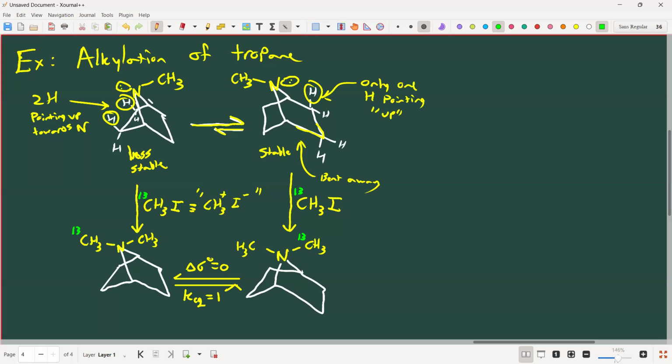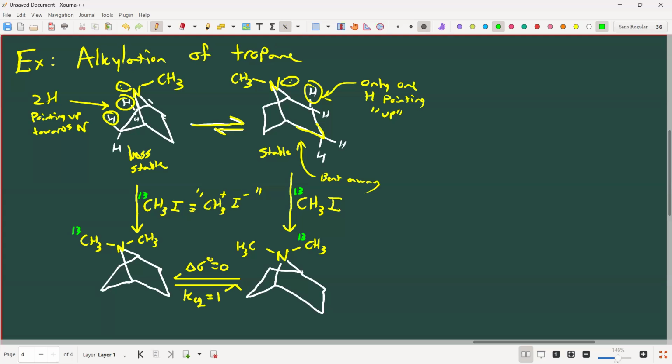Well, we would say, okay, we're starting with a material that equilibrates over here, prefers to be here. Both of these pathways end up with the same result. So we don't have to think about the energy difference of the products at all. The result is exactly the same, but now we have two pathways for our methyl iodide to come in. It can come in this way or it can come in this way.